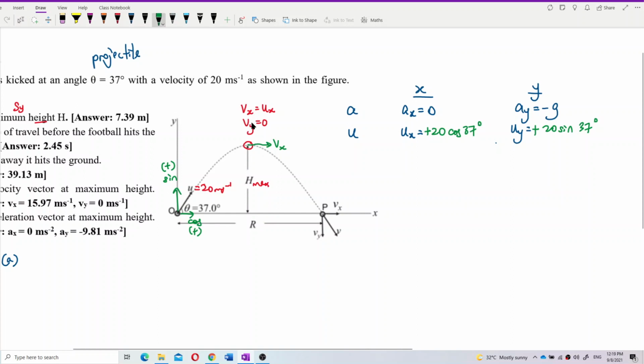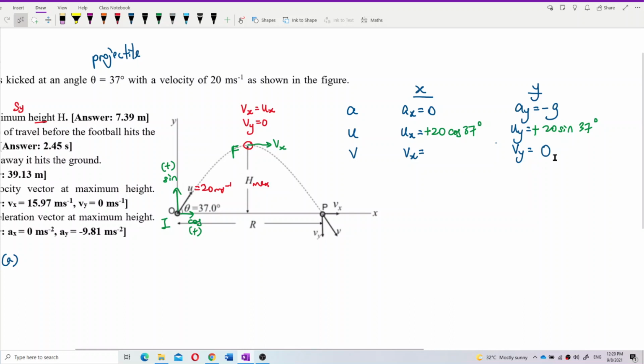This here is our initial point and this is our final point for question A. Talking about final velocity, Vx we don't know yet, but Vy is 0 because at maximum height the final Vy is 0.